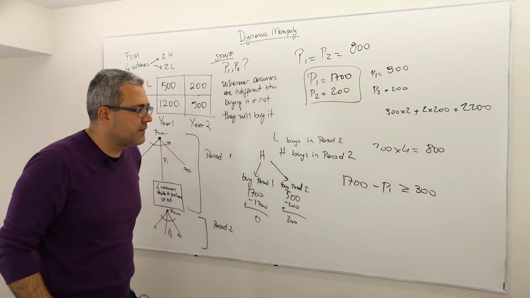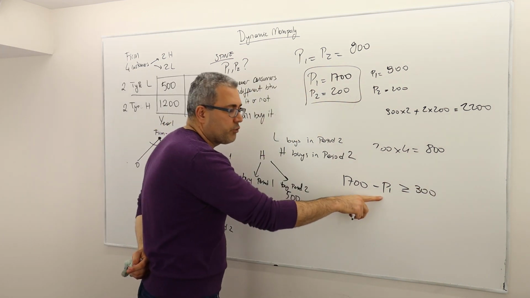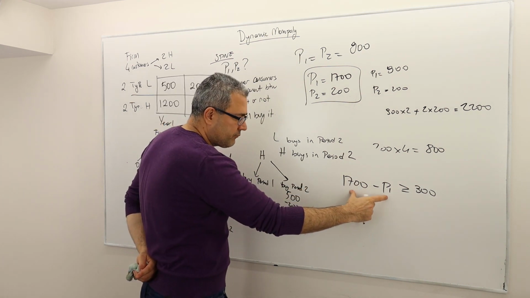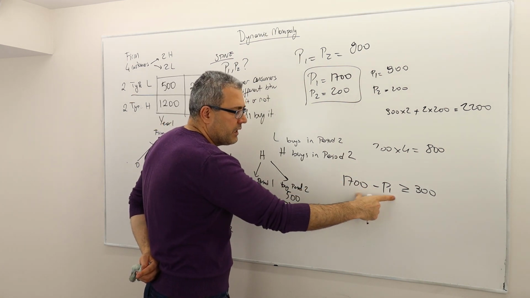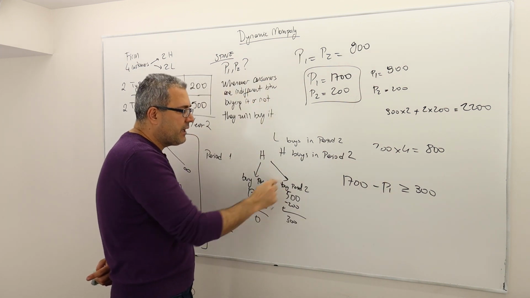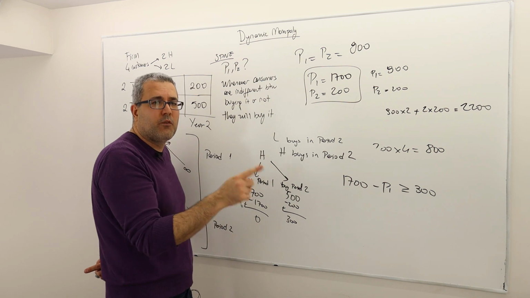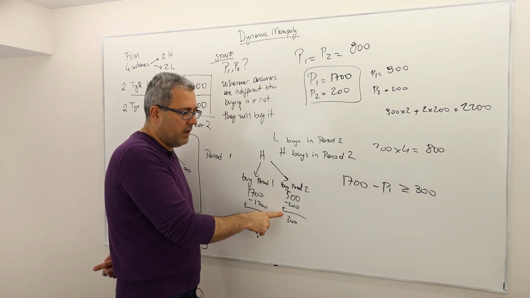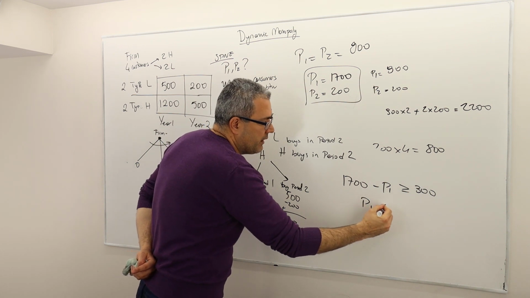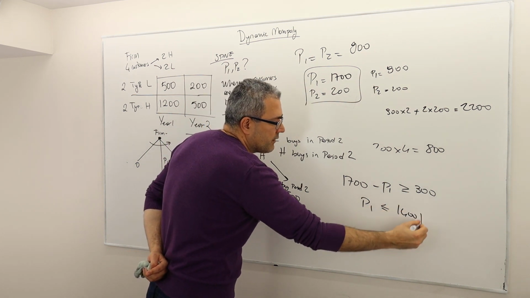So the question is, I would like to charge a price in the first period where the benefit minus cost is going to be greater than or equal to 300, which is the payoff of waiting for the second period. All right? So, therefore, the P1 has to be less than or equal to 1400.